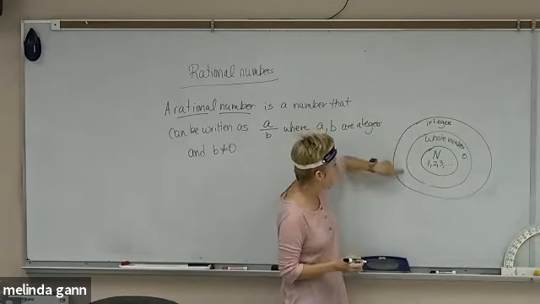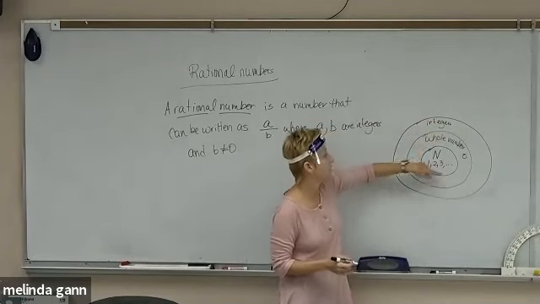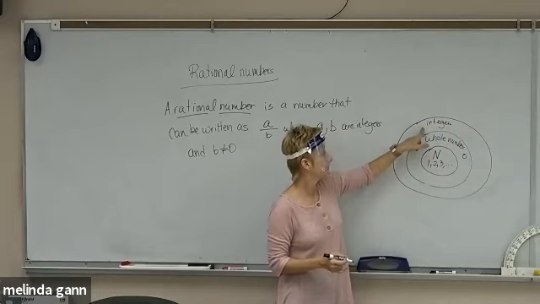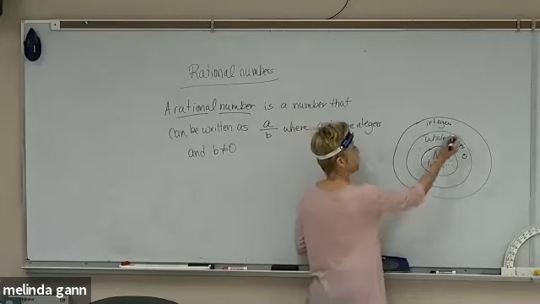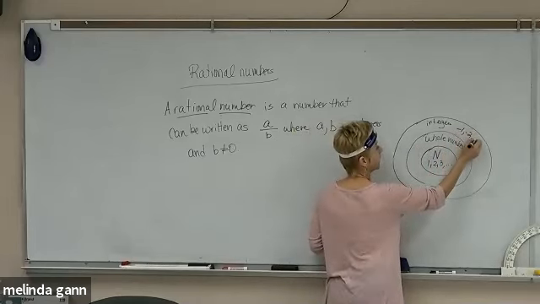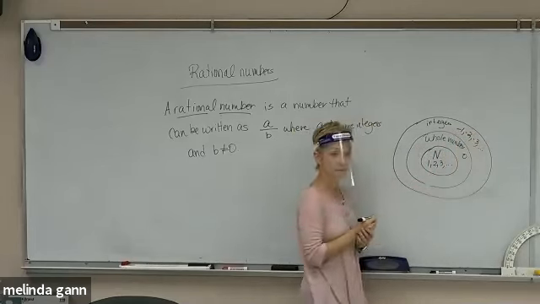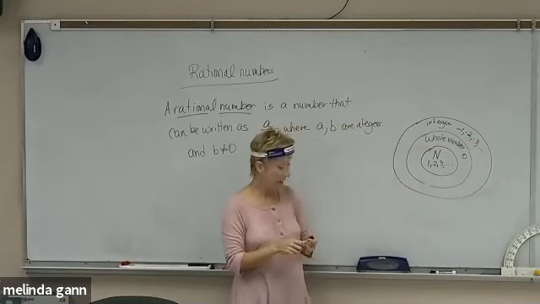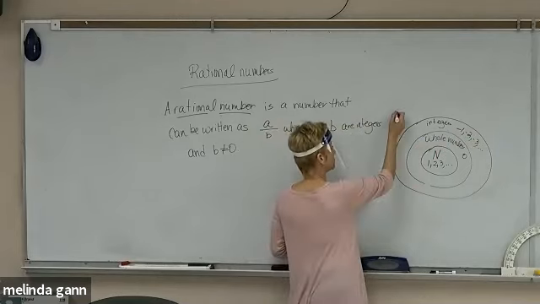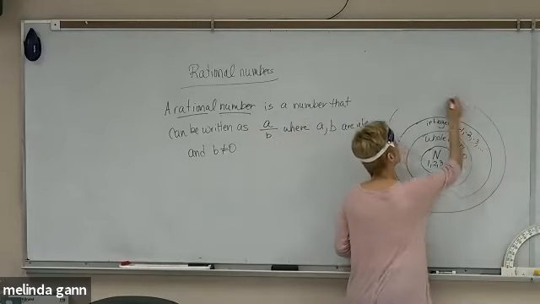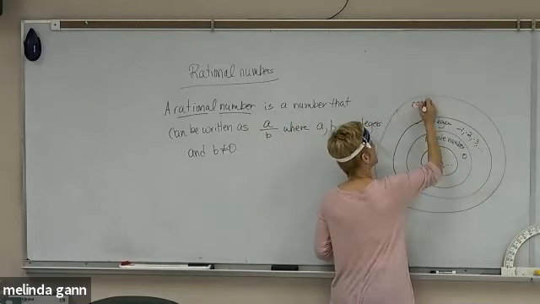What's in this little outer ring that's not a whole number though? The negatives, the opposites of these whole numbers. So you also have a -1 and a -2 and a -3. Is everybody with me? So now our set is growing again, and this is where we are now. These are rational numbers.